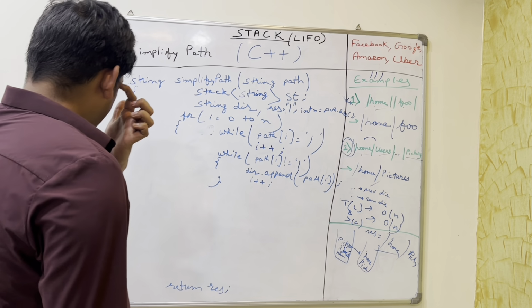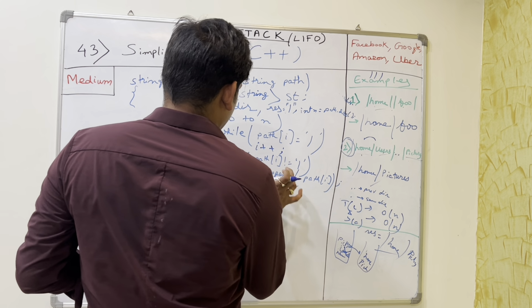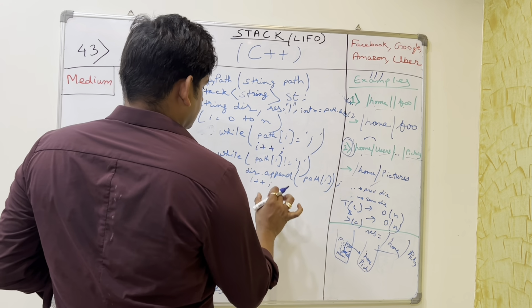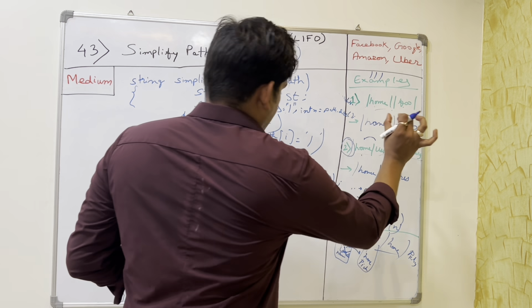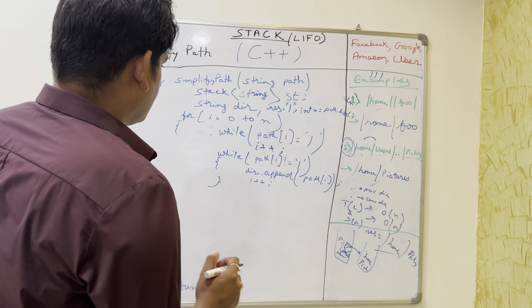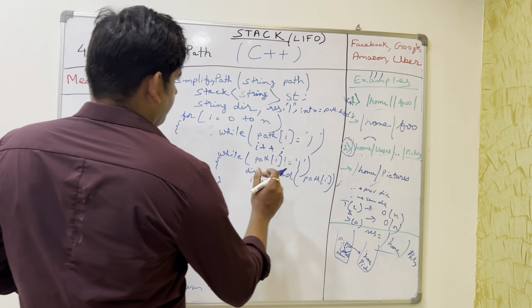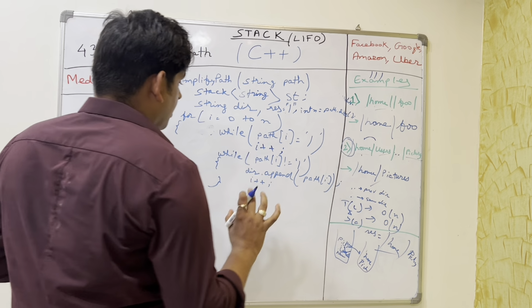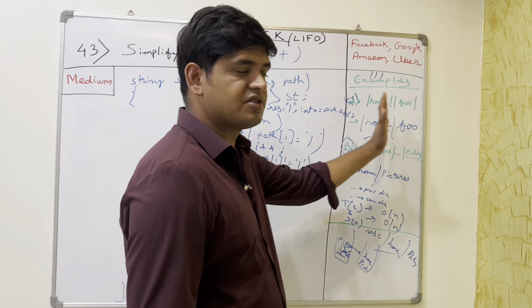So in this way we'll have our path, this directory. So we have our directory now. Once we get our directory, what do we do? We need to insert it into our stack, so for now we have traversed the one directory.